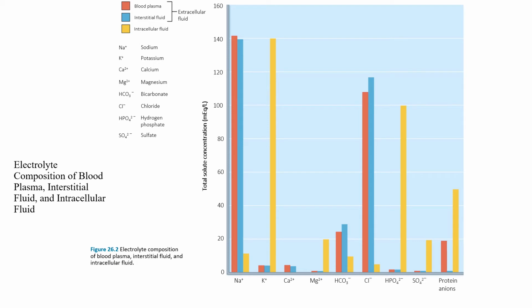Make sure that you look at that and you understand the balance in the body. I'm not going to ask you to know values in milliequivalents. I just want you to be able to tell me that sodium is found mainly in the extracellular fluid, potassium is found mainly in the intracellular fluid, calcium, extracellular, magnesium, intracellular, etc.